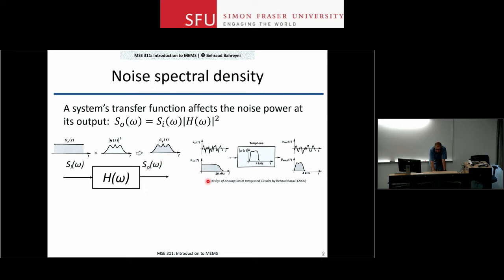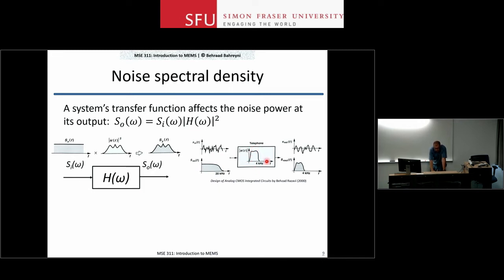What you can do is that, for example, this could be your signal in time domain, and this is the same signal in frequency. This is like, let's say, an audio signal. You pass it through a band pass filter. This is what they used to use for landlines. On a landline phone, you basically have a 4 kilohertz limit for frequency.